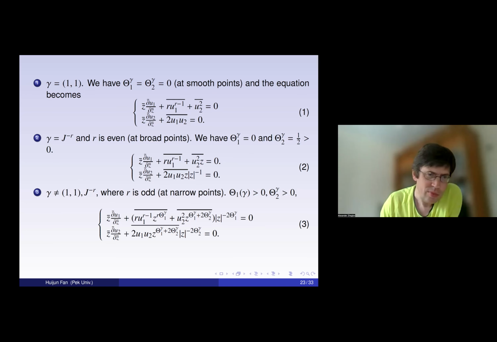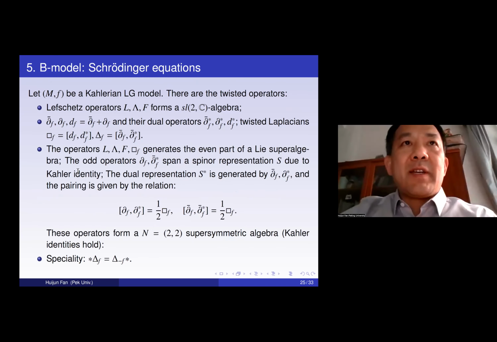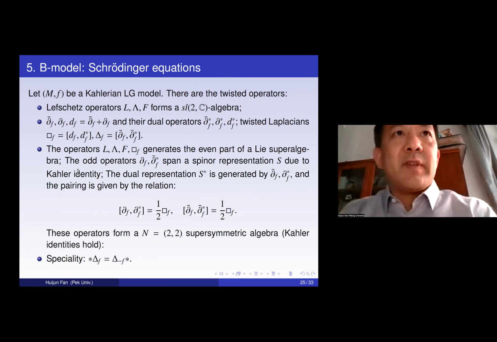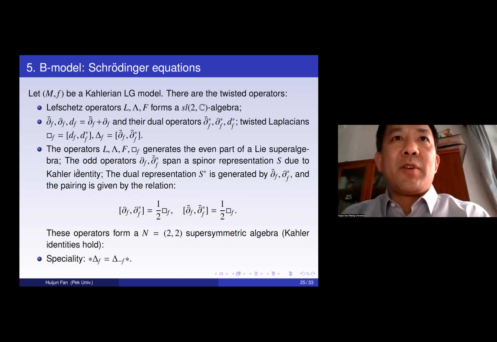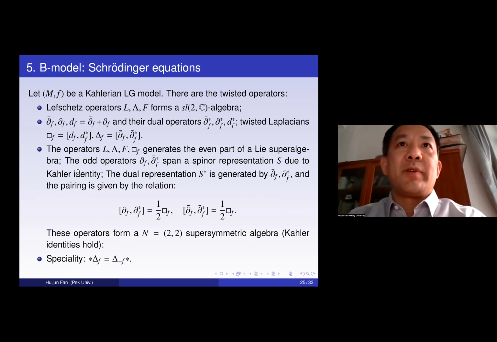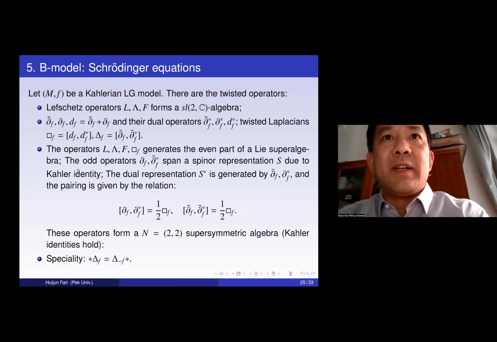Okay, so let's turn to the other story, the B model. This is also quite an interesting story because it leads to the study of the Schrödinger equation and its deformation.